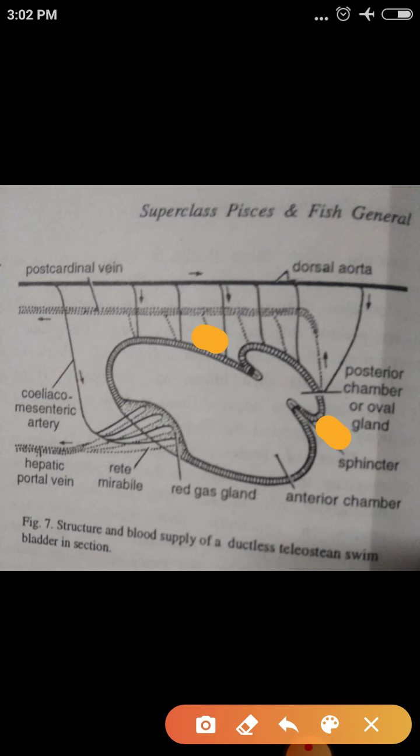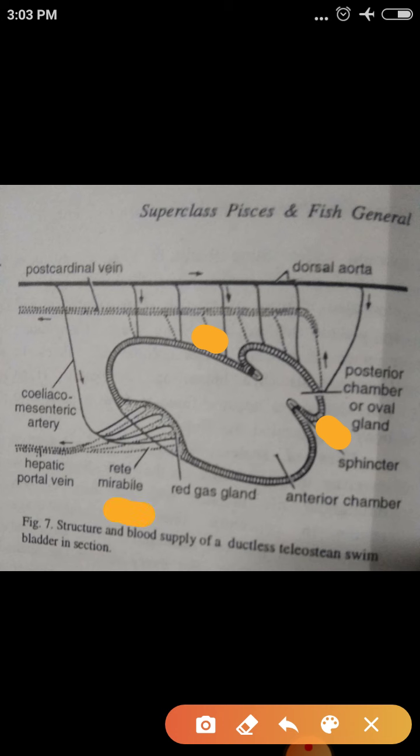Then the wall of the anterior chamber has a remarkable red body or red gland, so called because of its color. It contains a compact mass of interlacing fine capillaries called rete mirabile.